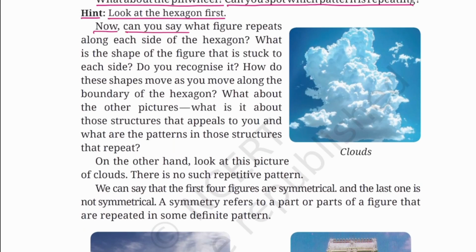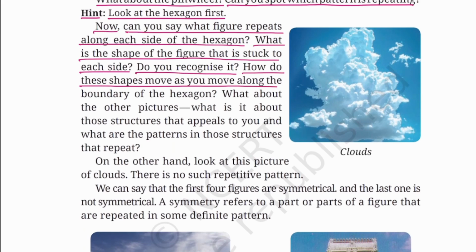Now, can you say what figure repeats along each side of the hexagon? What is the shape of the figure that is stuck to each side? Do you recognize it? How do these shapes move as you move along the boundary of the hexagon?